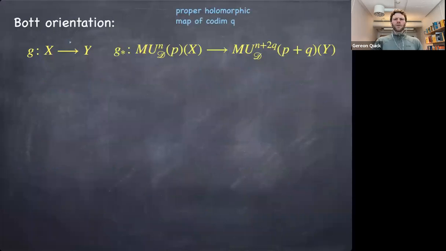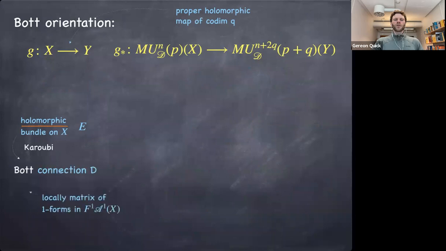Okay, so now you might wonder, how do we choose such an orientation? For the sake of time, I'm going to go briefly through this. There's an observation due to Karoubi, or maybe it goes back longer, that if you take a holomorphic bundle, then you can choose a so-called Bott connection on your bundle.